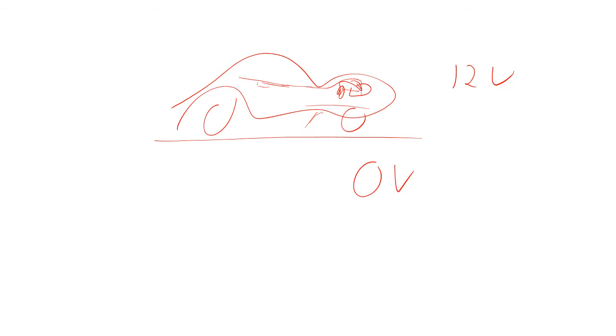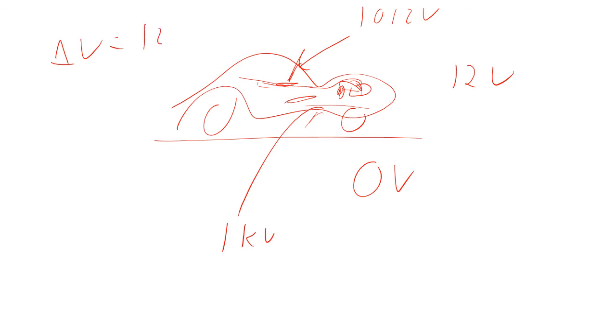So the ground is 0 volts. The car might be a kilovolt. Well, that means that the wires inside the car are going to be 1,012 volts. So the difference in voltage between the wires and the frame of the car is 12 volts.